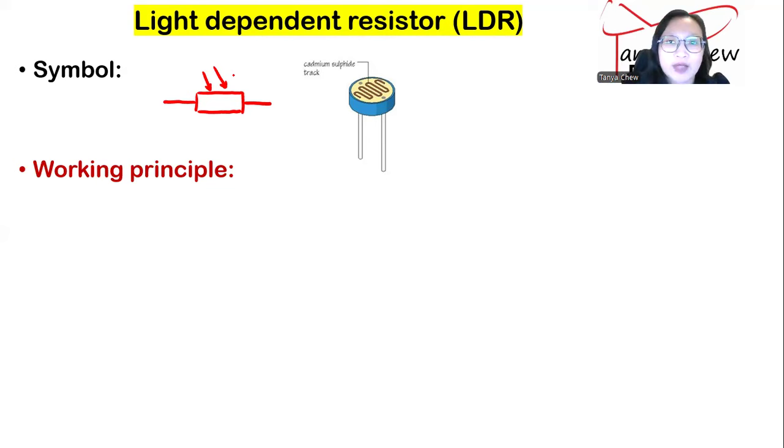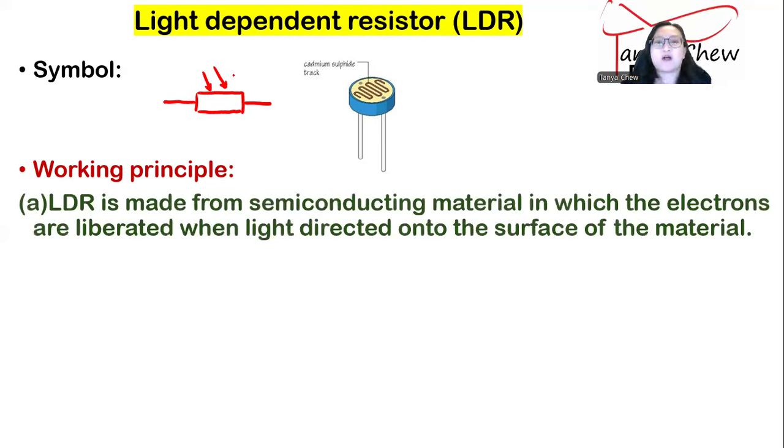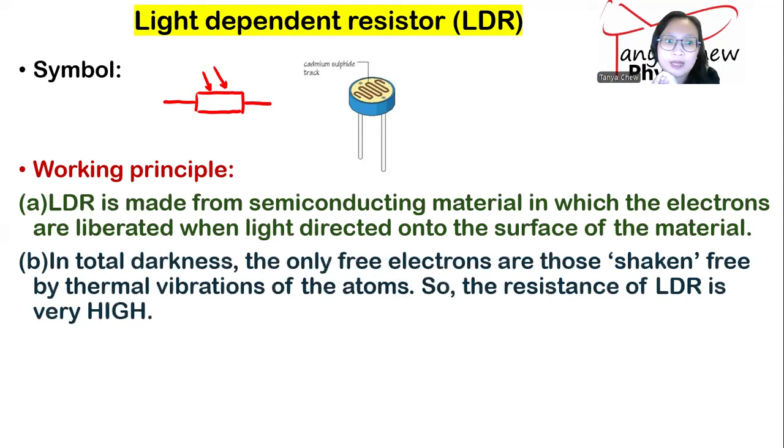The working principle of the LDR is that it is made of semiconducting material, which is called cadmium sulfide, where electrons will be liberated when light is directed onto the surface of the semiconductor. In total darkness, the only free electrons are those shaken free by the thermal vibration of the atoms. So the resistance of the LDR is quite high in darkness.